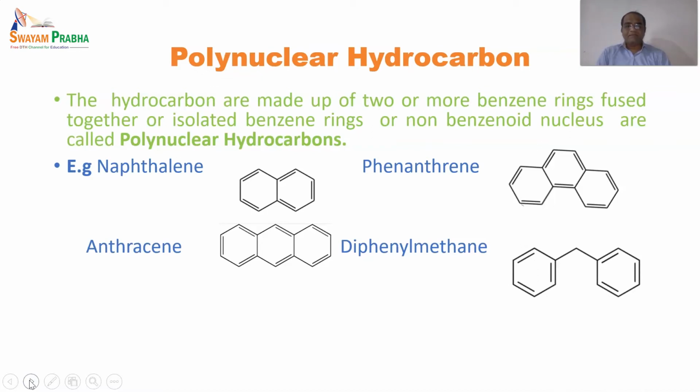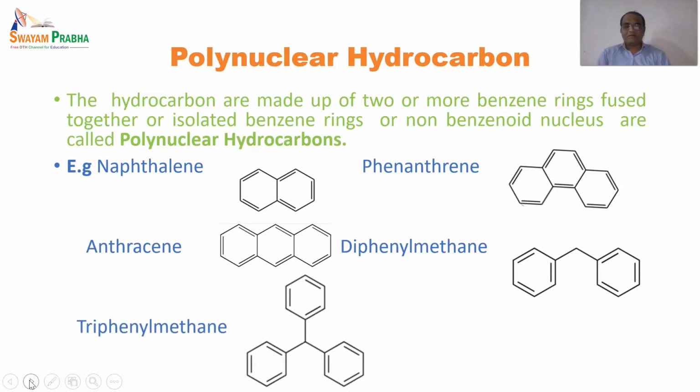After that, diphenylmethane. The name itself indicates two phenyl rings, and methane is an adjoining moiety between the two phenyl rings. After that, triphenylmethane, similarly to diphenylmethane, has 3 phenyl rings, and in between there is methane.